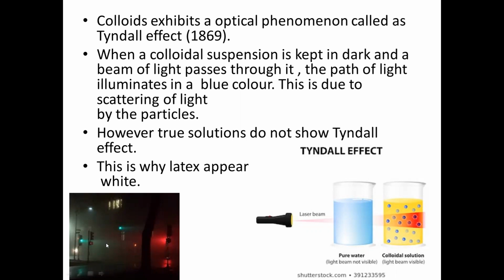So this is why we need the fog light in vehicles when you drive. Normal light is not sufficient. The fog light is for you to see the road. That is why all new vehicles and old vehicles have a fog light. Okay.